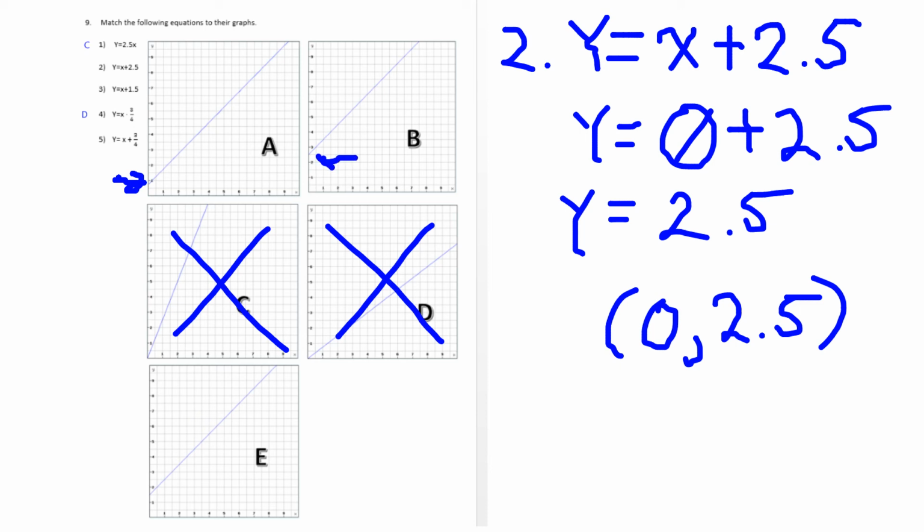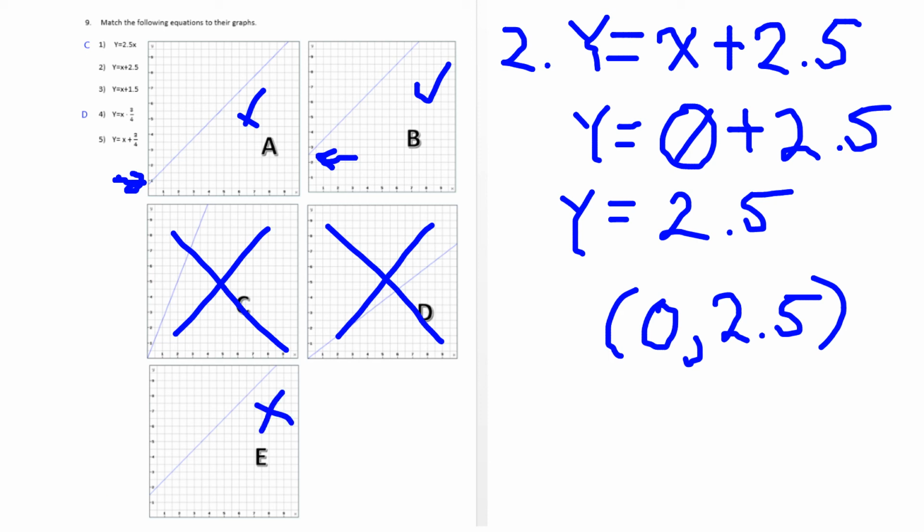This one here looks like it crosses the y-axis at 2.5. So in other words, when x is equal to 0, which would be on the y-axis, it looks like the y value is 2.5. So this one could be it. This one's definitely not. And this one here, if we look down at E, when x is equal to 0, y looks like it's equal to maybe 1.5, but that doesn't look like it's the right value for us either.